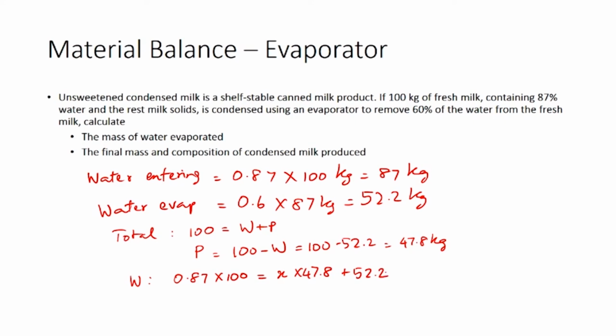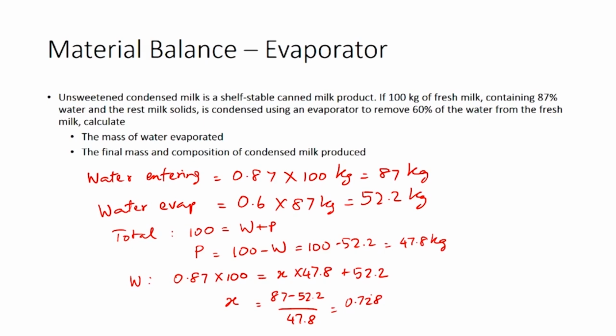Solving this equation, we can calculate x as 87 minus 52.2 divided by 47.8, which is 0.728. So, this would give you the mass fraction of water in the condensed milk.